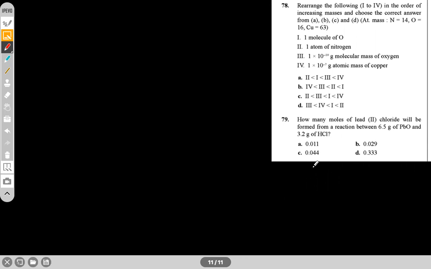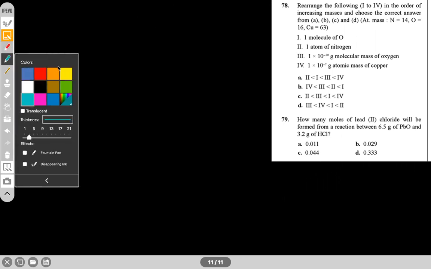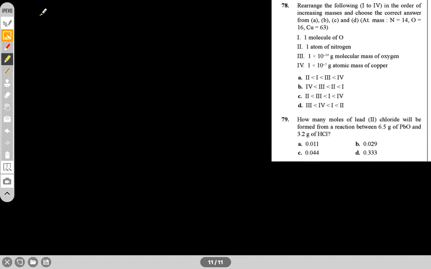Okay, so which one has the more mass? First of all, we'll find out the mass here. The first one in this question, one molecule of oxygen.